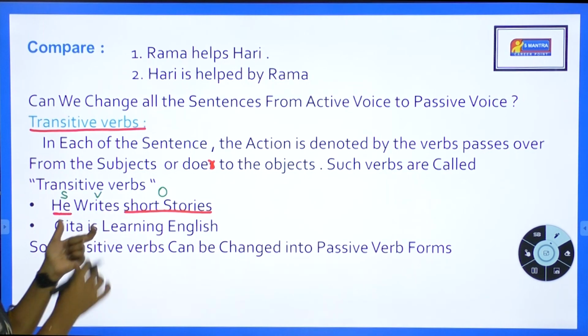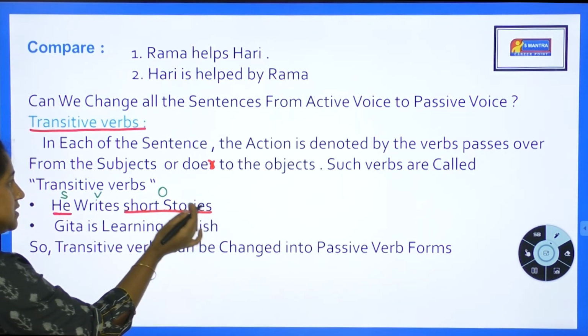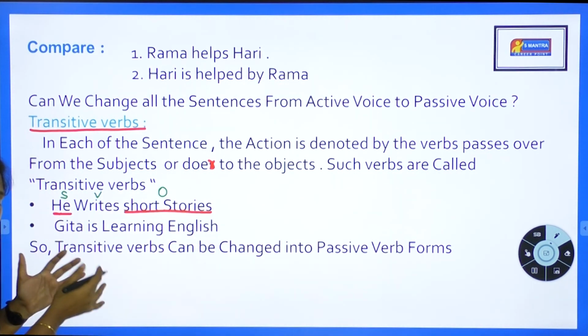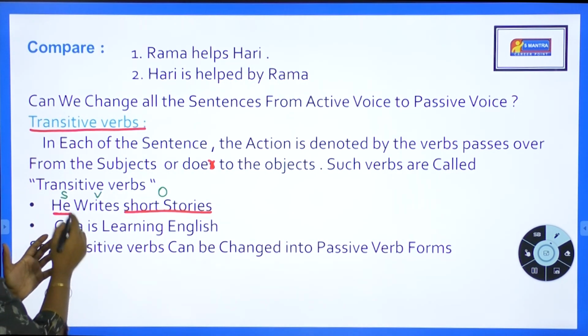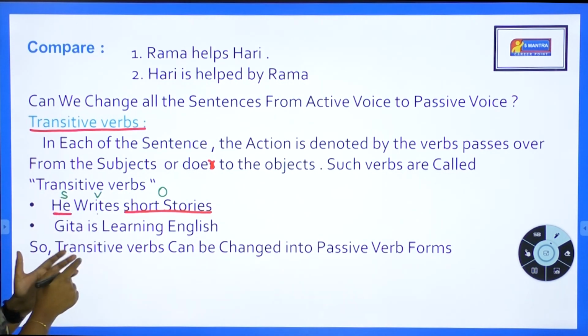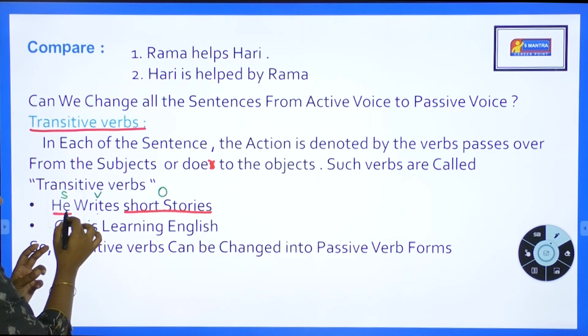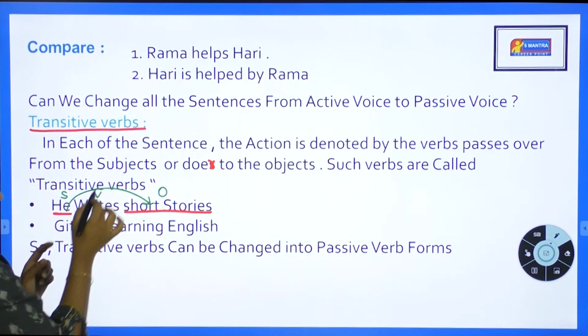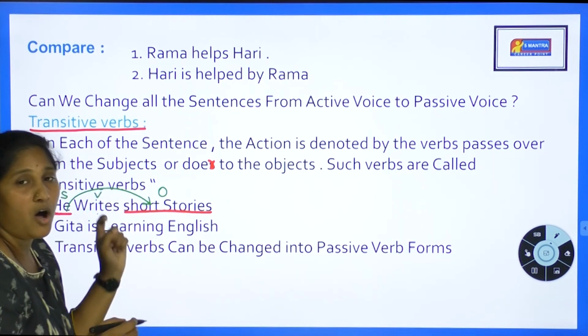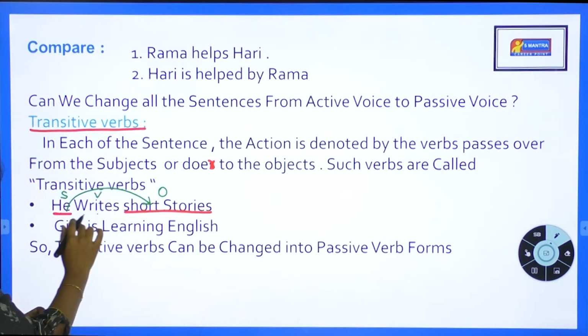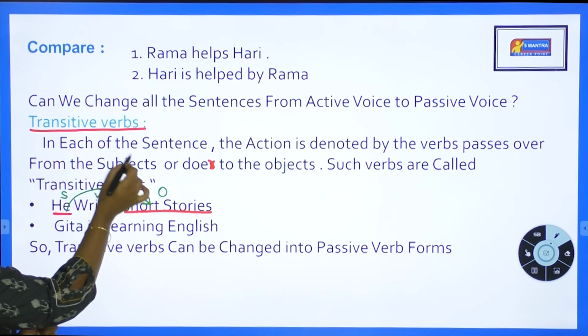In this sentence, we have subject, verb, object. What is happening here? In this sentence, the action passes from the subject to the object. What is the definition of transitive verbs?